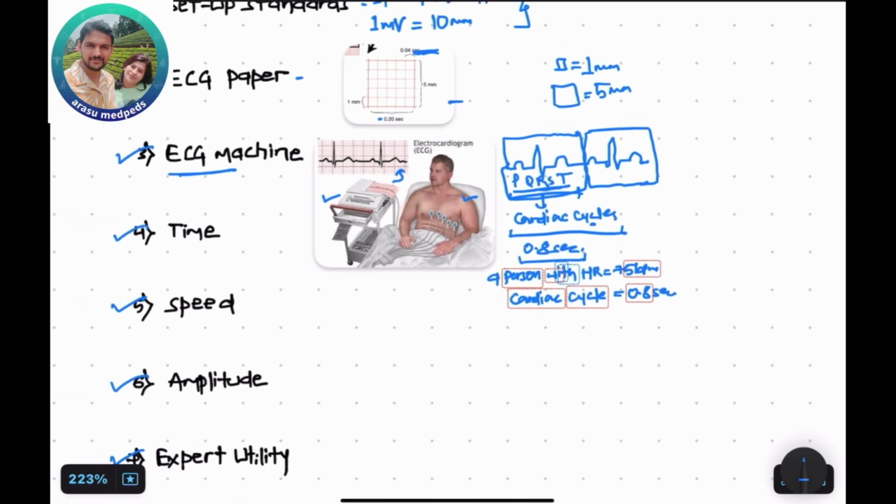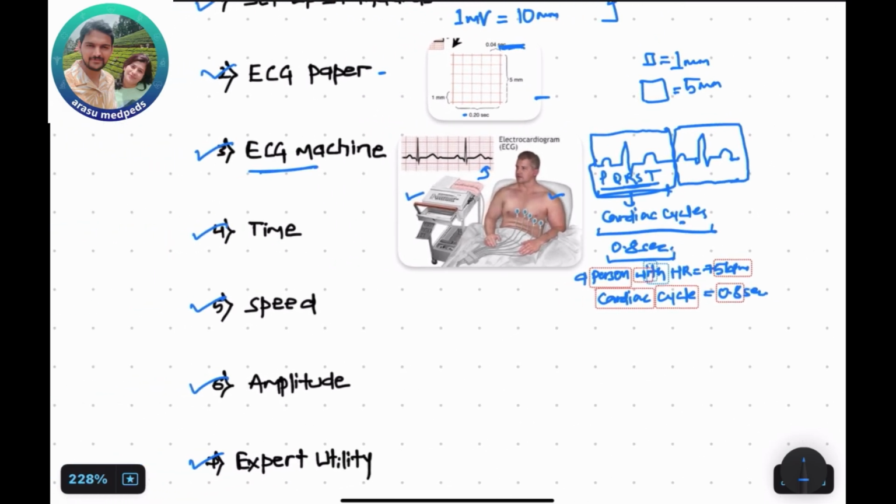Hope you got the point about the ECG machine and what they observed in the initial days. They just connected the machine to a person and noticed some waveforms, and these were in repeated mode. They concluded that each of these segments indicates a cardiac cycle, and a cardiac cycle in a physiologically normal individual lasts for 0.8 seconds.